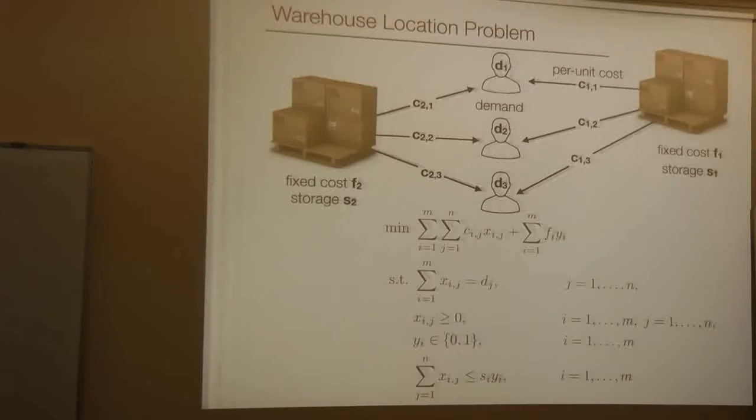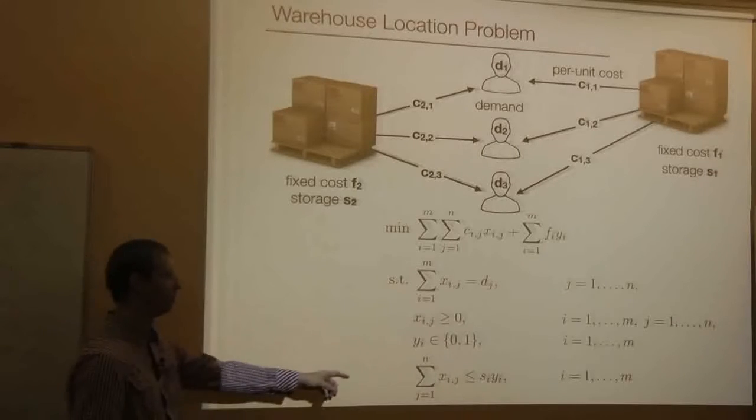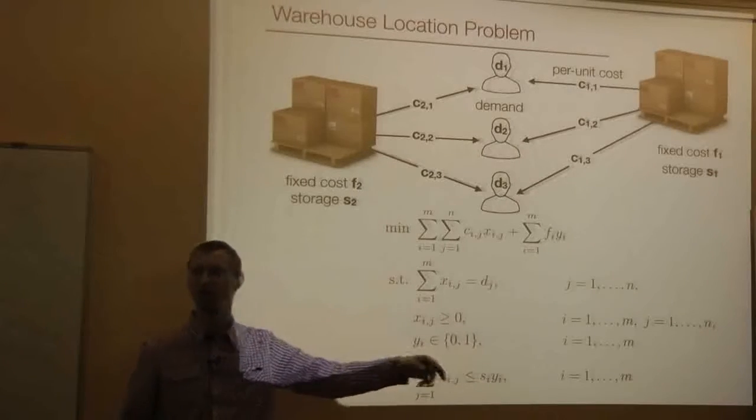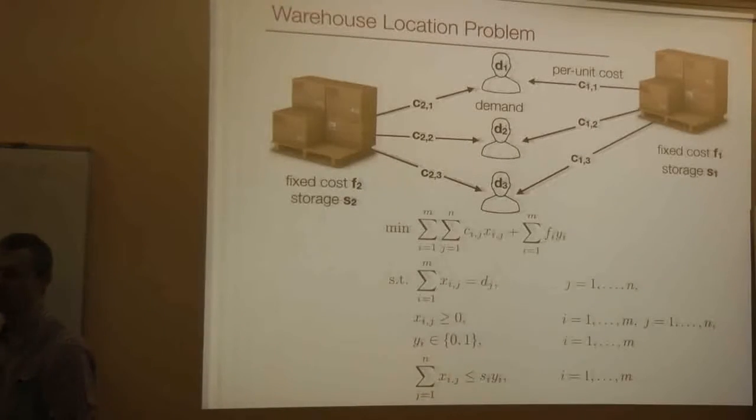By the way, it might also be possible to change this problem to account for the fact that we can only ship integer amounts of products. That's very easy to do on the mathematical side. Essentially, we will say xij must be inside of some finite integer set.